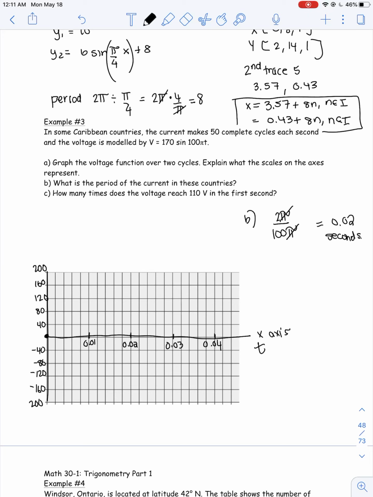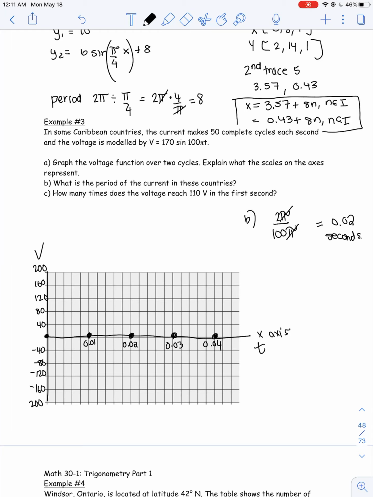Okay, so once I have this marked, the x-axis will be labeled for time, and V is the voltage that we're using. So we know that the graph is going to go through the x-intercepts at 0, 0.01, 0.02, 0.03, and 0.04.